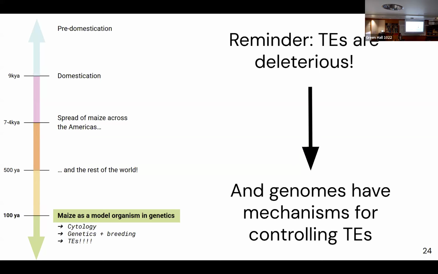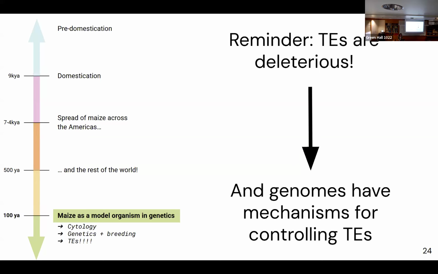And while it's true that some TEs can be and have been adaptive, I want you to generally consider them deleterious or neutral at best. To put numbers to this assumption, recent work has shown that on average, a single maize plant loses 1 kernel of yield for each additional 14 megabases of TE content.